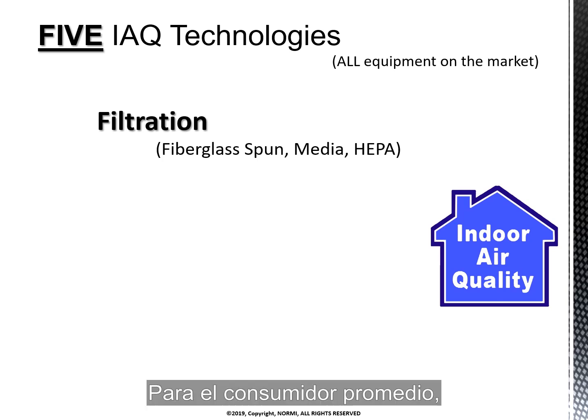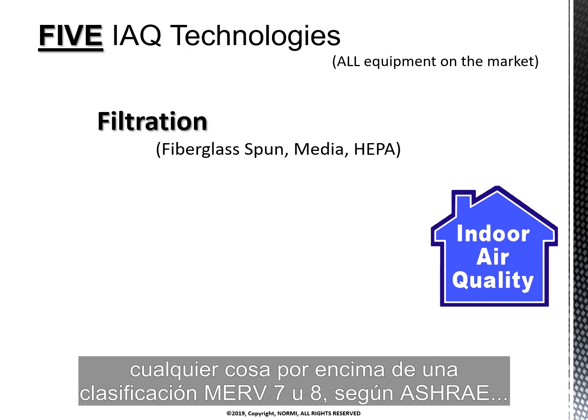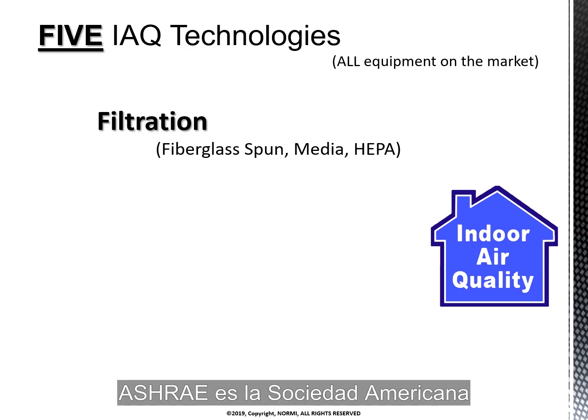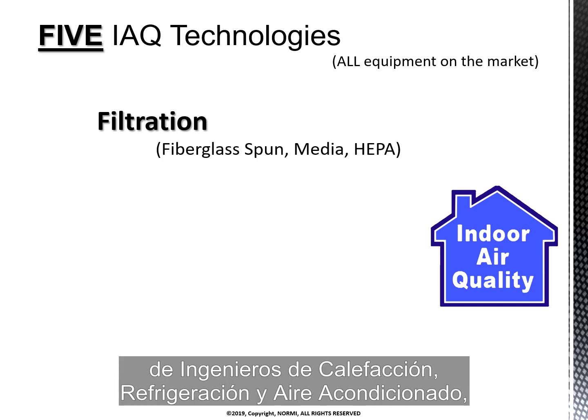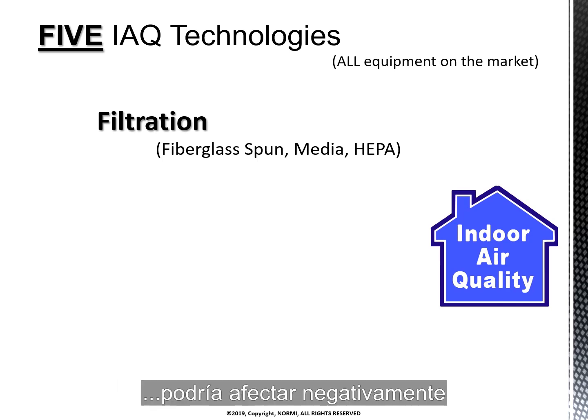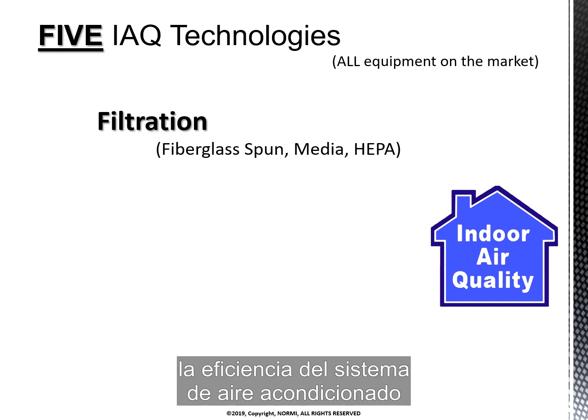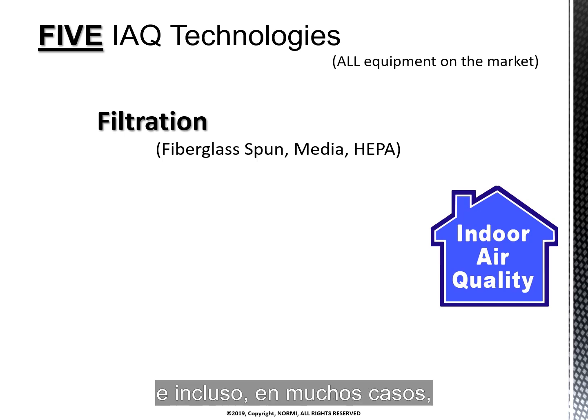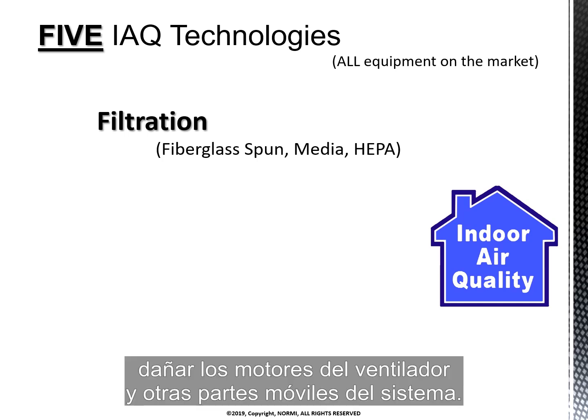For the average consumer, anything above a MERV 7 or 8 rating, according to ASHRAE, now, ASHRAE is the American Society of Heating, Refrigerating, and Air Conditioning Engineers, could negatively impact the efficiency of the air conditioning system and even, in many cases, damage blower motors and other moving parts of the system.